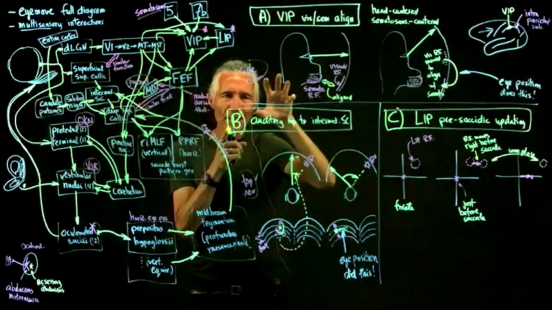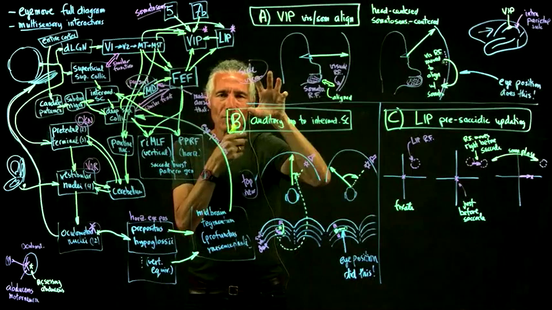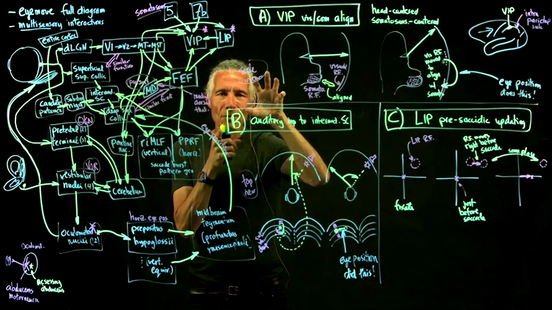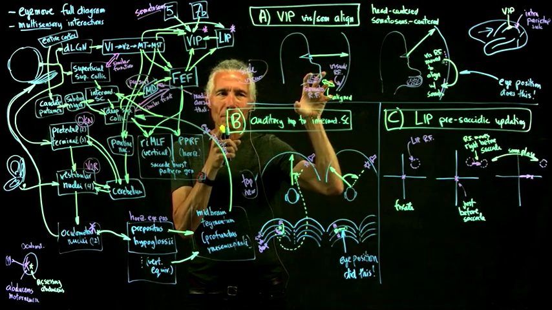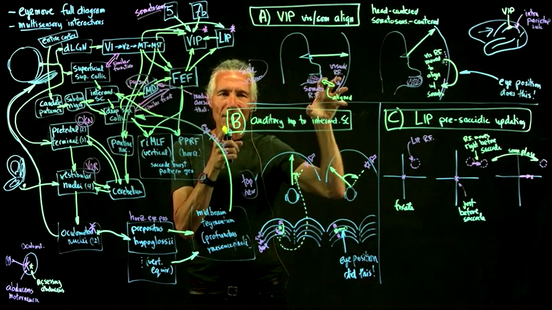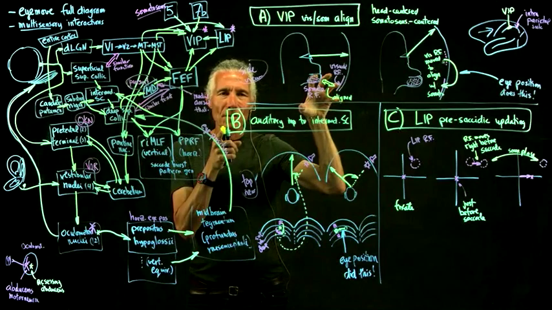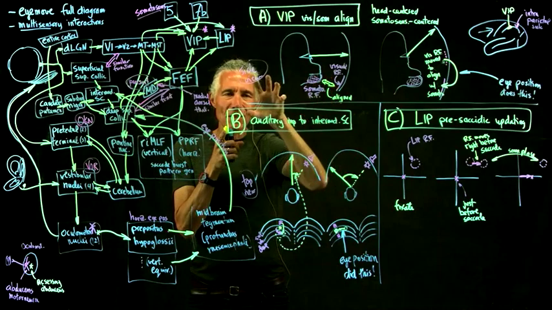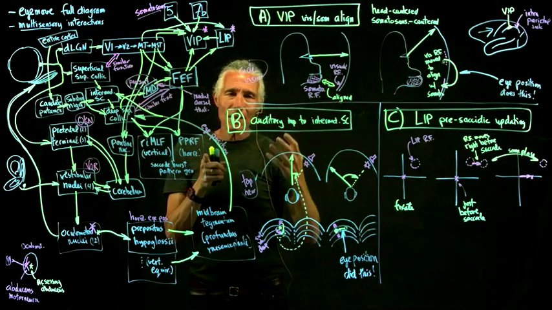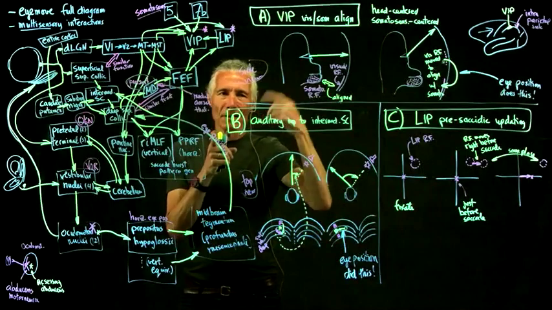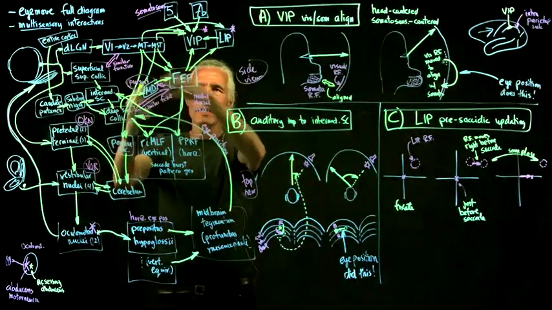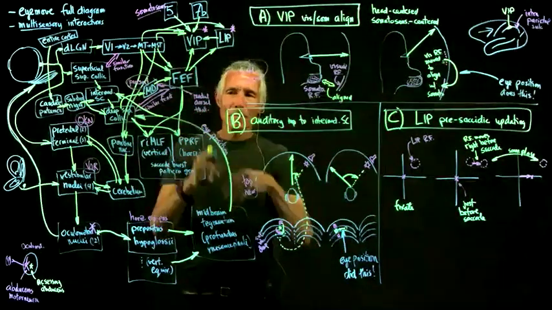But now what happens is I'm getting ready to make a move to the right, and the receptive field preempts my move. It says I'm going to move my receptive field to the place that's going to look at whatever you're looking at after you make the saccade. This happens every single time you make a saccade, and this superior colliculus signal is getting up into your LIP every time you make a saccade.